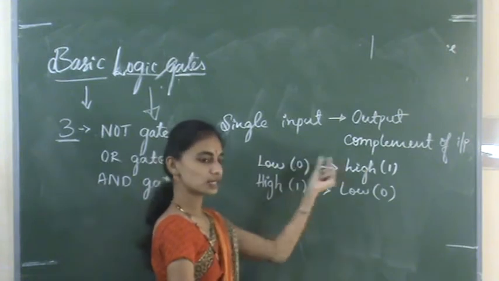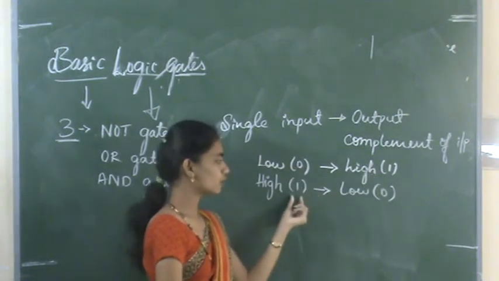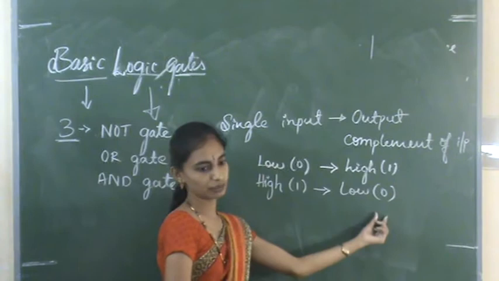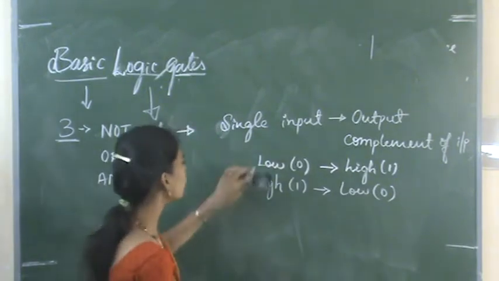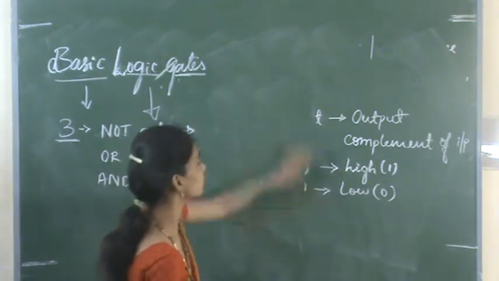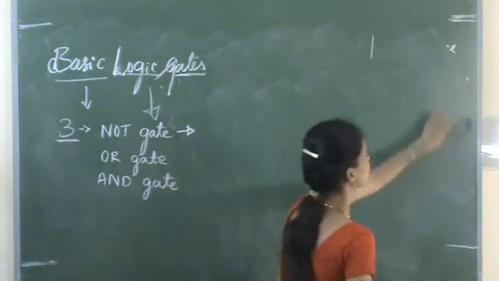So if you provide 0, the output will be 1. If you provide 1 as input, the output will be 0. How will this NOT gate be represented? We have a symbol to represent the NOT gate.